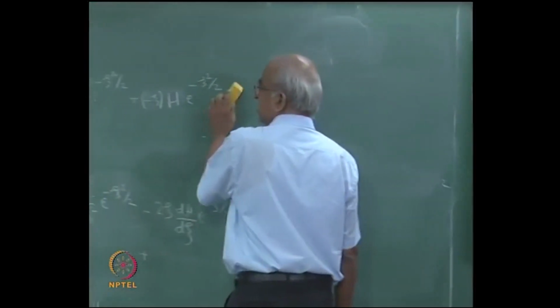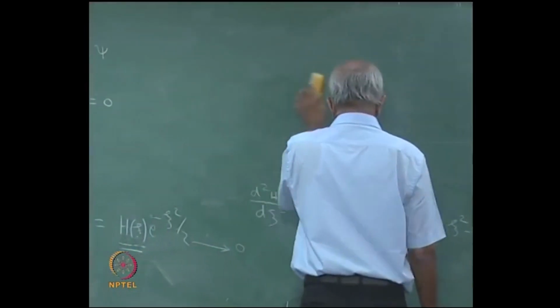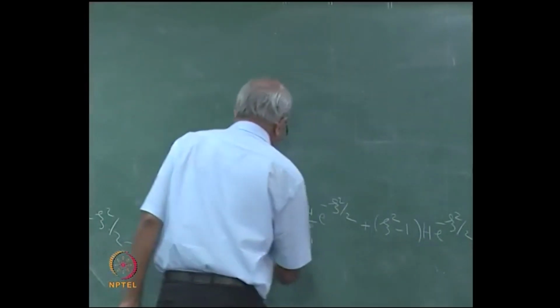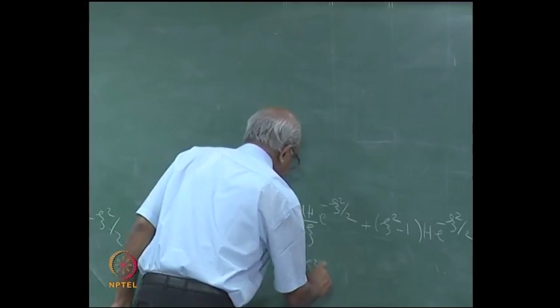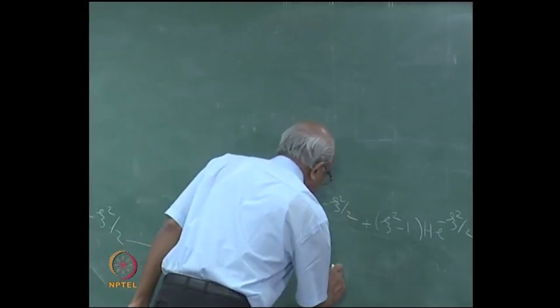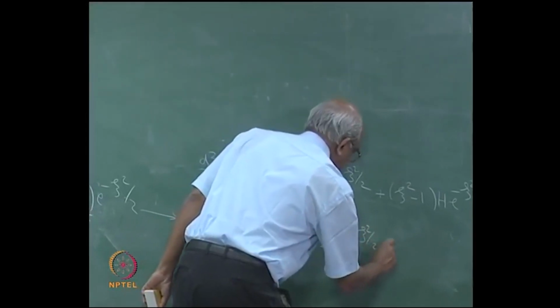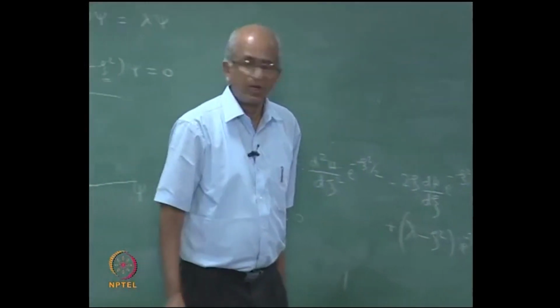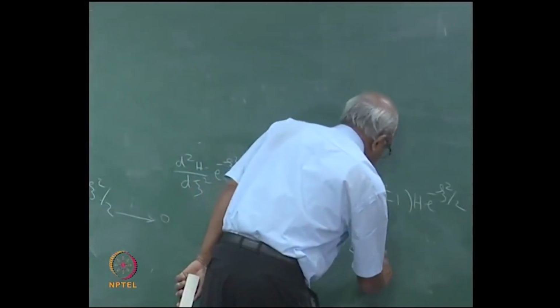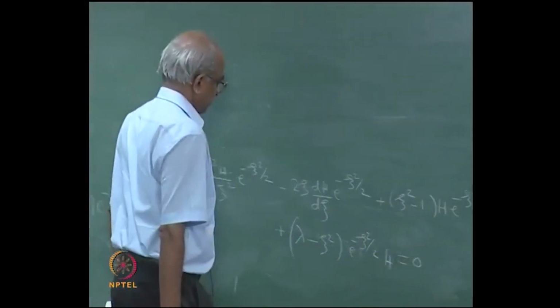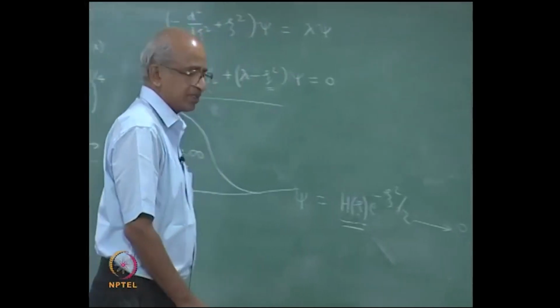To that, all that I need to do is add lambda minus c square into psi here, but psi is e to the power of minus c square by 2 into h, and this should be equal to 0. That is the differential equation.